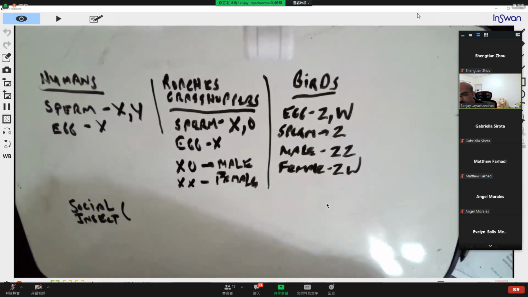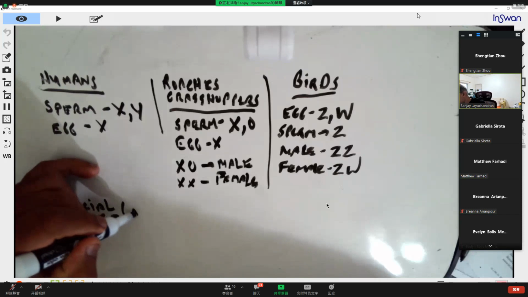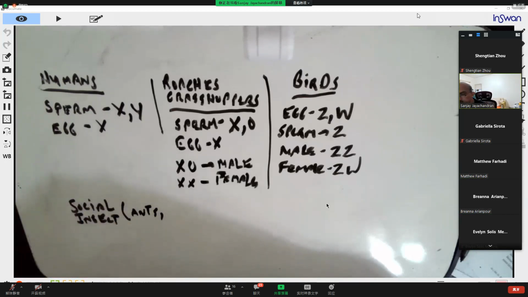An animal that hangs out in colonies. Could it be an ant? Okay, what's another one? A butterfly, maybe? Butterflies don't hang out in colonies. You know the answer, guys.